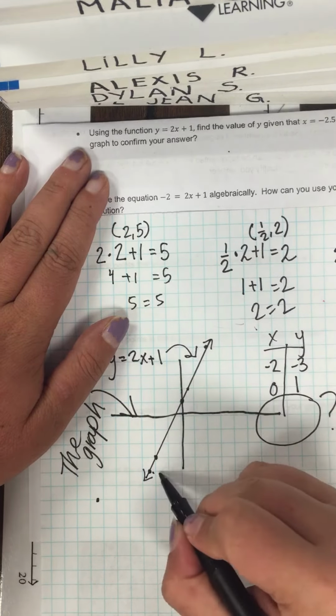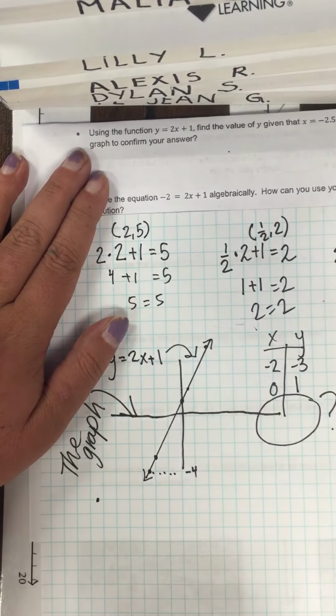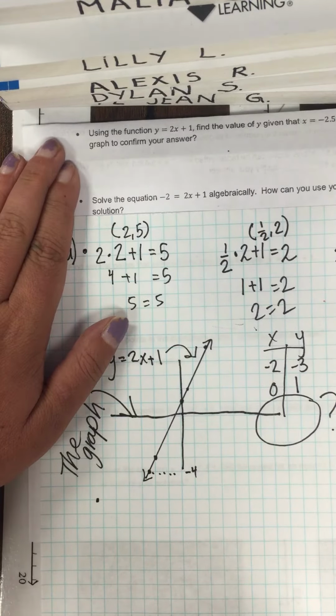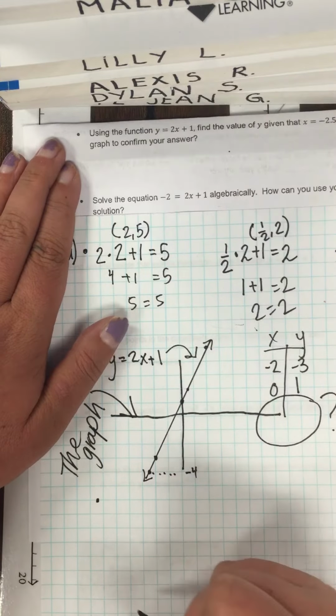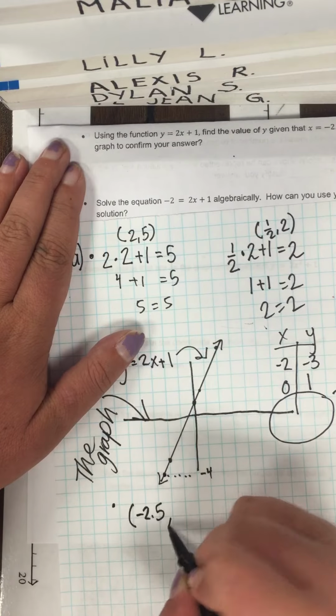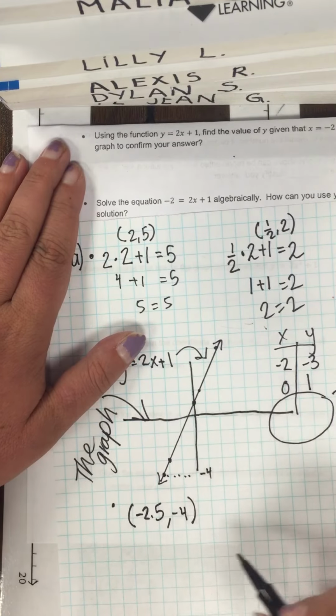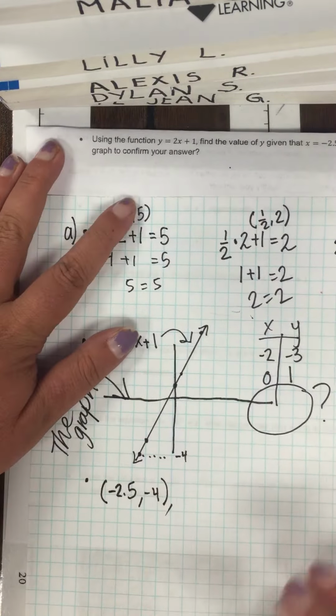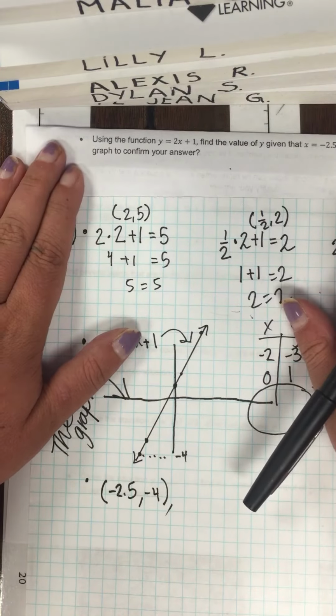It is negative 4. We write this as (-2.5, -4). The rest for you to fill in is how can you use your graph to confirm.